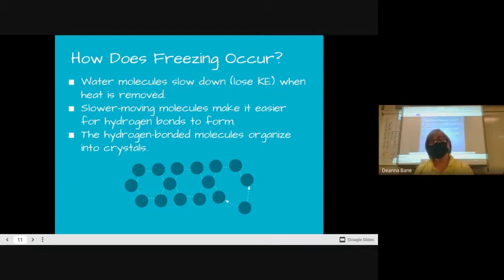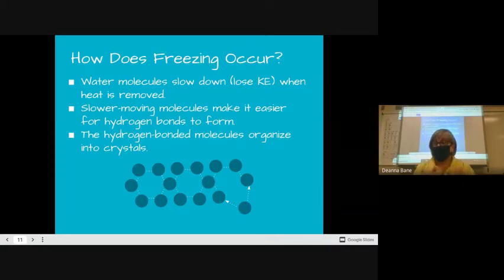And so if they slow down, it's much easier for them to grab each other's hands and hang on. That's what's happening with the freezing point. So as the particles slow down, it's easier for the attraction to create those hydrogen bonds.